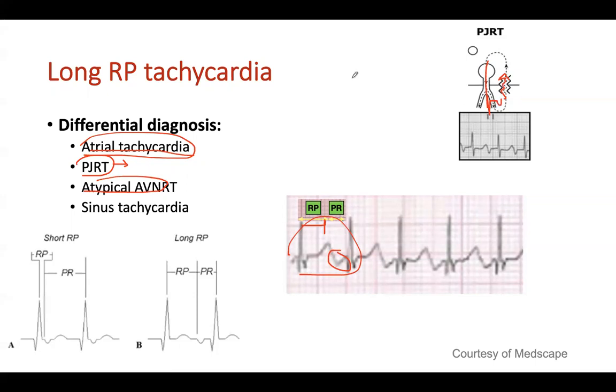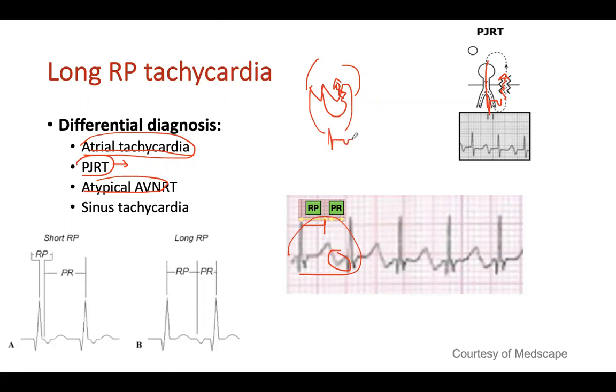It goes down, makes the QRS, and then very late goes up the pathway. So you have QRS, then a distance, and then your retrograde P wave.